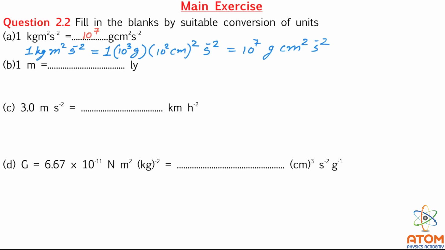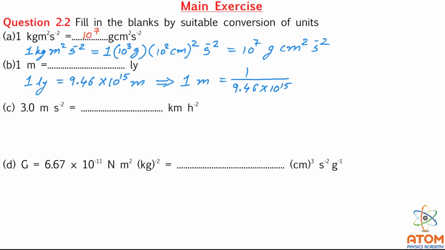Next, 1 meter is blank light year. Now first, we know that 1 light year is equal to 9.46 into 10 raised to 15 meter. So from this now I can write that 1 meter is 1 divided by 9.46 into 10 raised to 15, this many light year.